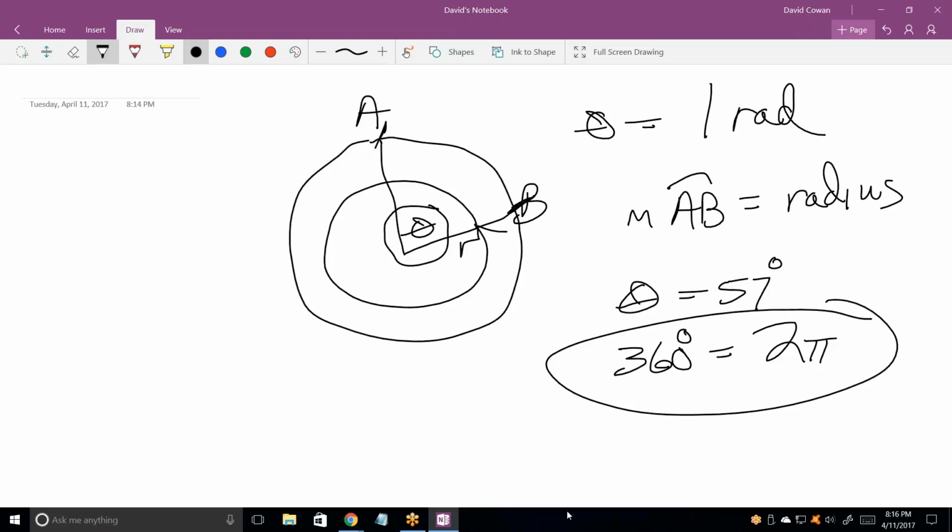Okay, now I've drawn that closer to a 90-degree angle. I didn't intend that. It's, if I remember right, about 57 degrees. If you multiply 57 degrees times 2 pi, you will get 360 degrees.